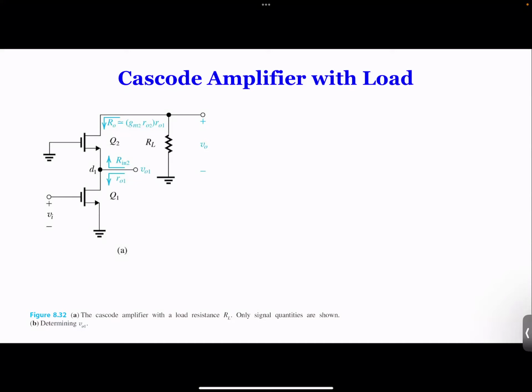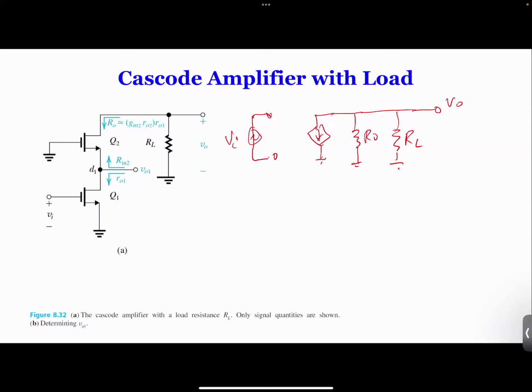So in this case, we can draw the equivalent circuit from the previous page. Instead of that ROP, we got RL together with RO.